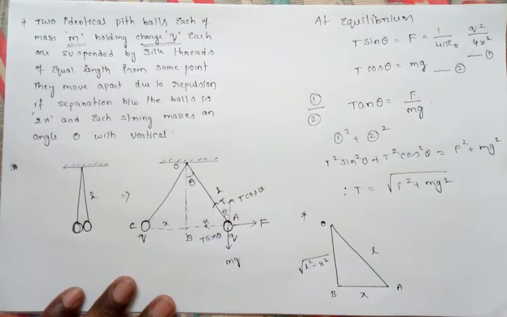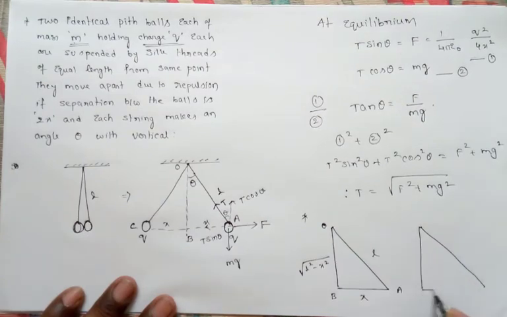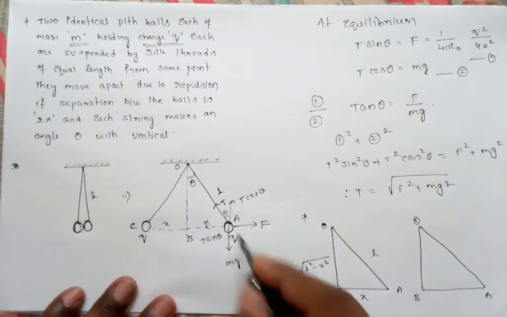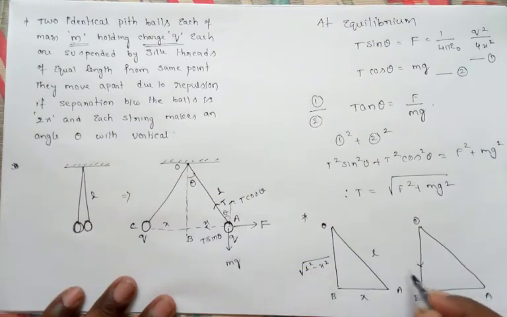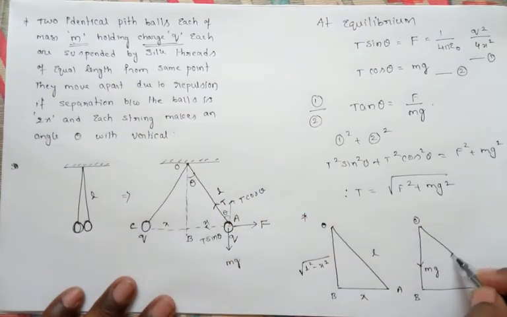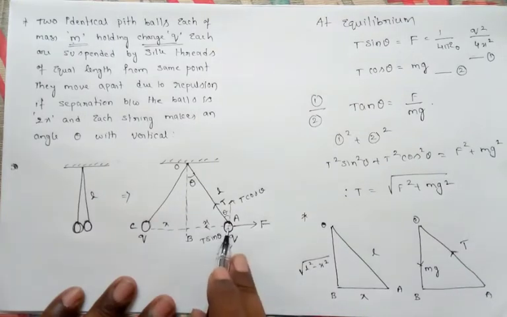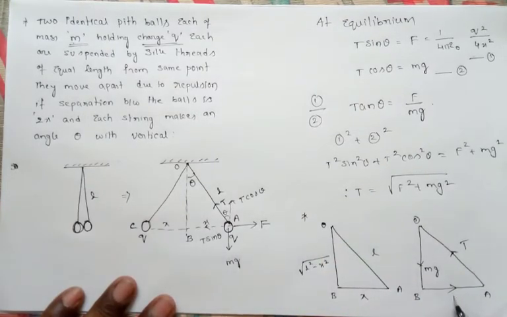Force-wise, if you observe the same triangle OAB, the weight is vertically downwards, this is the force mg, and along the AO direction tension T is there, and the Coulombic repulsive force direction is along this side.